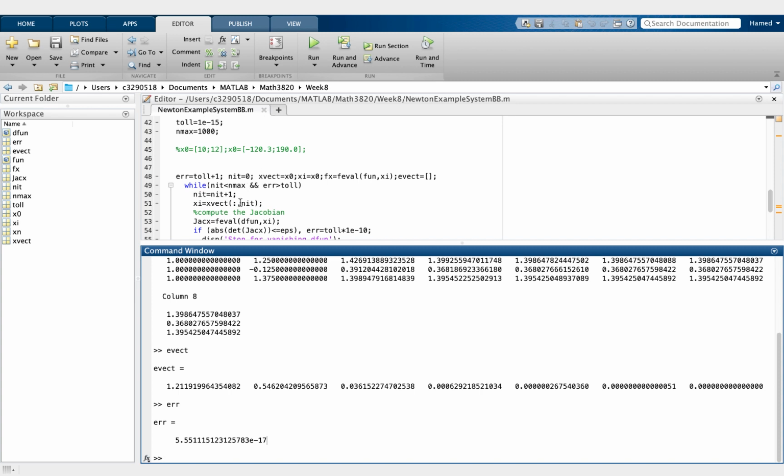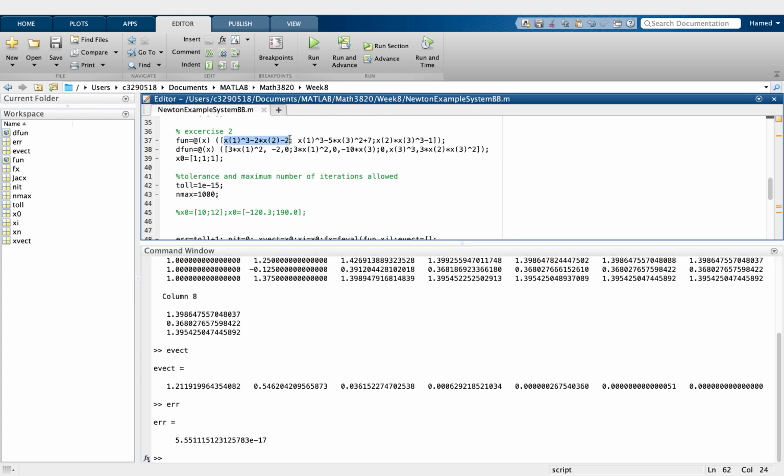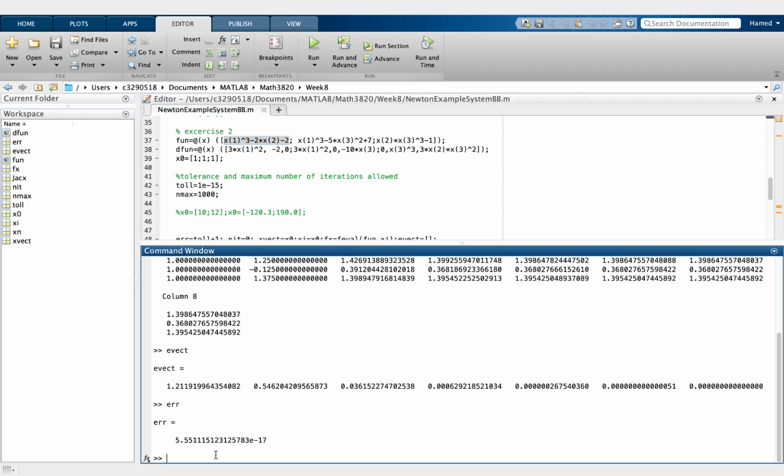And now let's try our solution here. Let's copy this one here, and we will substitute x and y, or x1 and x2, by the solutions that we have obtained there.